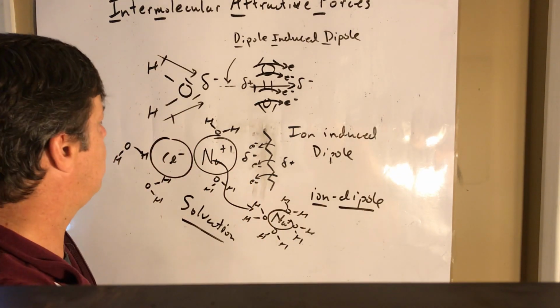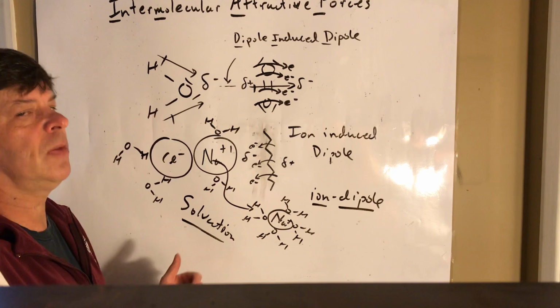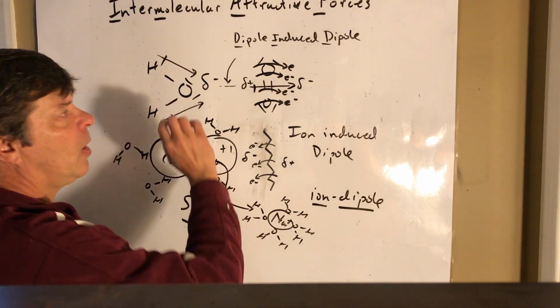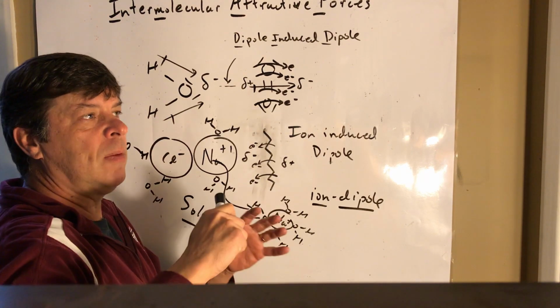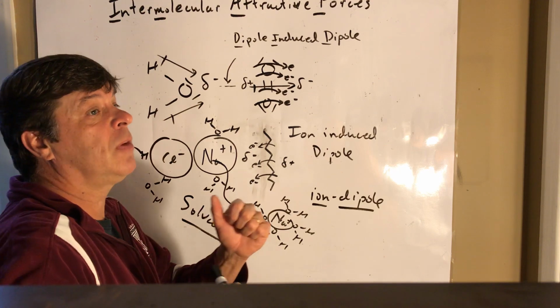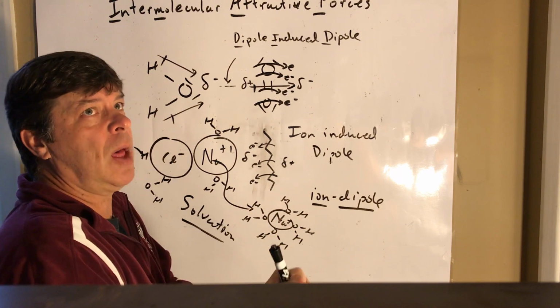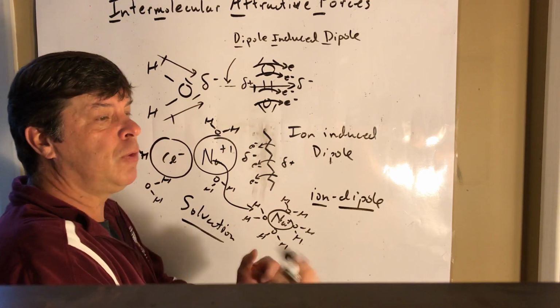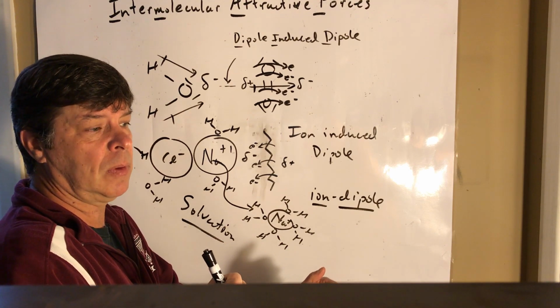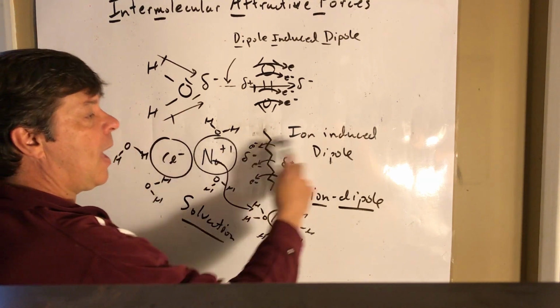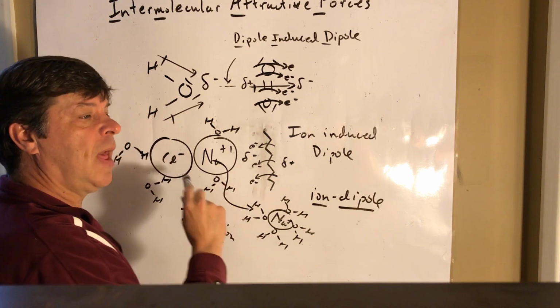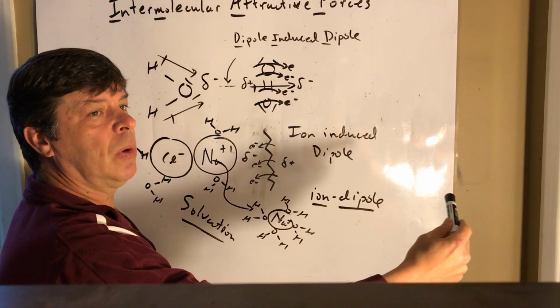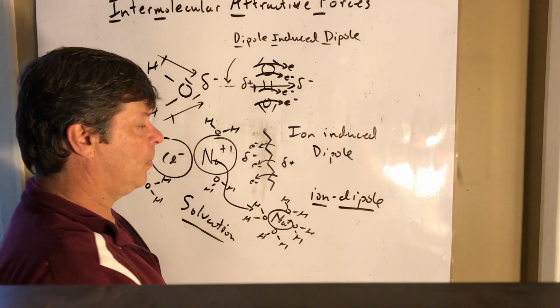All right, so I think this is the rest of the intermolecular forces. We're talking about dipole-induced dipole when a polar molecule attracts a non-polar molecule. It induces it to have a charge. Ions can do the same thing. Ions can induce non-polar substances to have a charge.